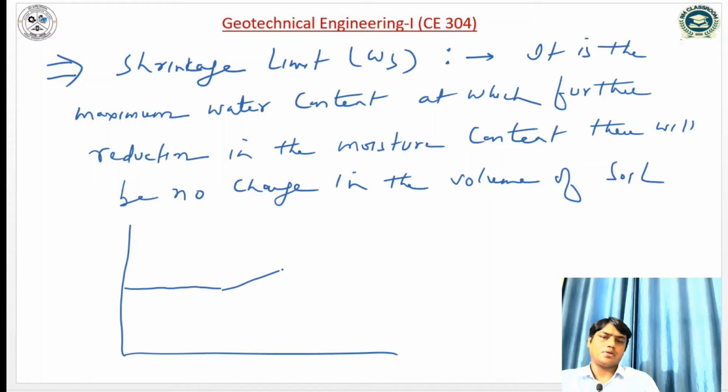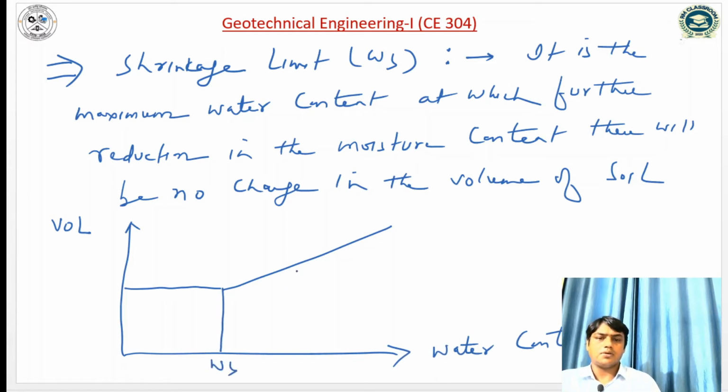this is the Atterberg graph, this is the volume of soil, and this is the water content. So this is the shrinkage limit, this will be plastic limit, and this will be liquid limit.